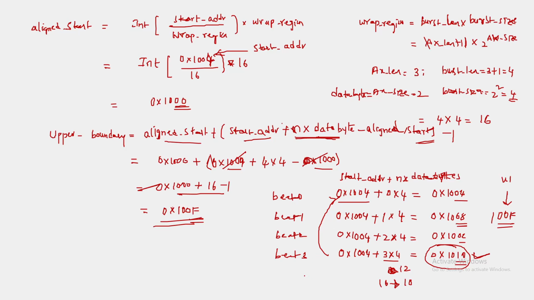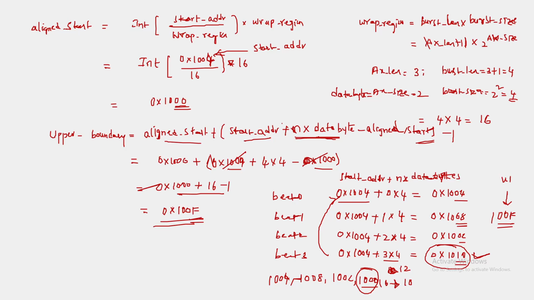In beat 0 it is starting with 1004, and then again reaches 1008, again 100C, then 1010, this wraps around to the start address, that means 1000. This is my start address. In this way we are wrapping around.